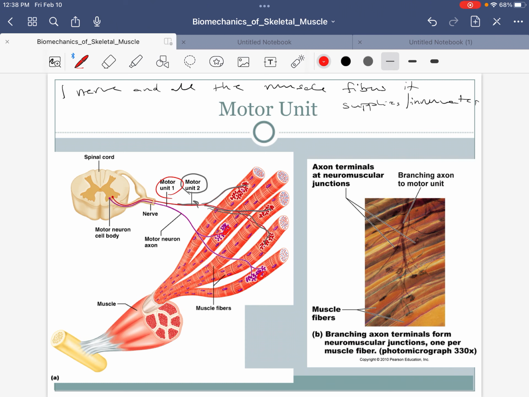For example, motor unit number 2 was 1 motor nerve and the 3 muscle fibers it innervates. If we send a nerve impulse down it, either all 3 of those muscle fibers contract or none contract at all. You can't contract one muscle fiber but not the others.